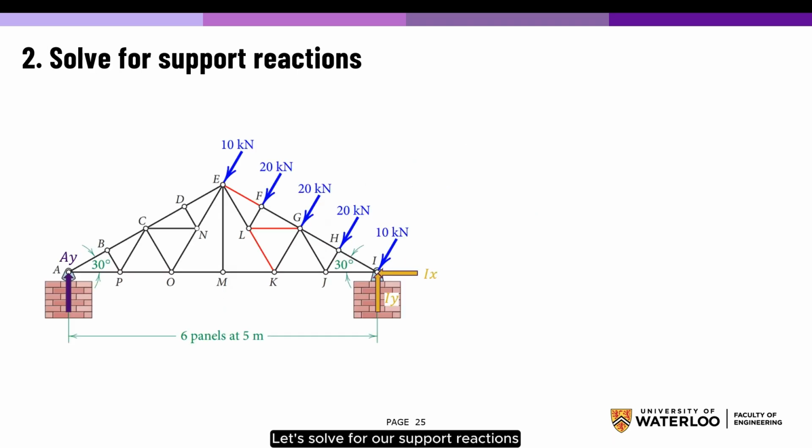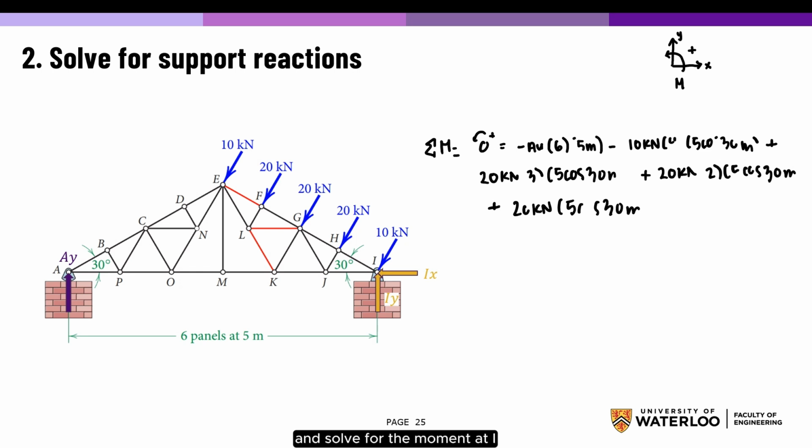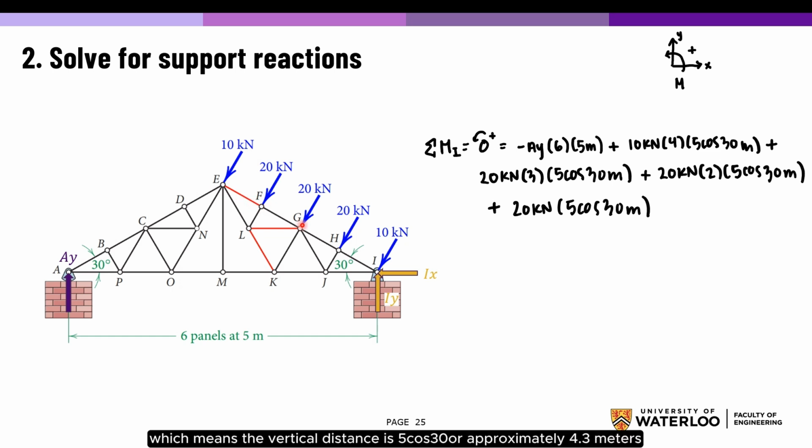Let's solve for our support reactions. First, we'll set up our positive axes. We will consider the entire truss and solve for the moment at I as it eliminates the most unknowns. Each of the members are at an angle, which means the vertical distance is 5 cos 30 or approximately 4.3 meters.